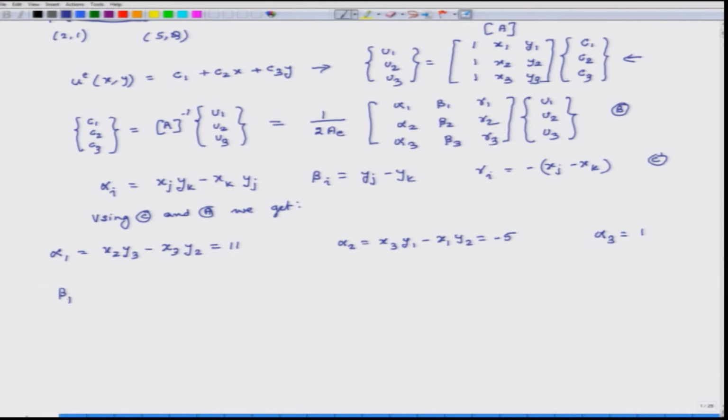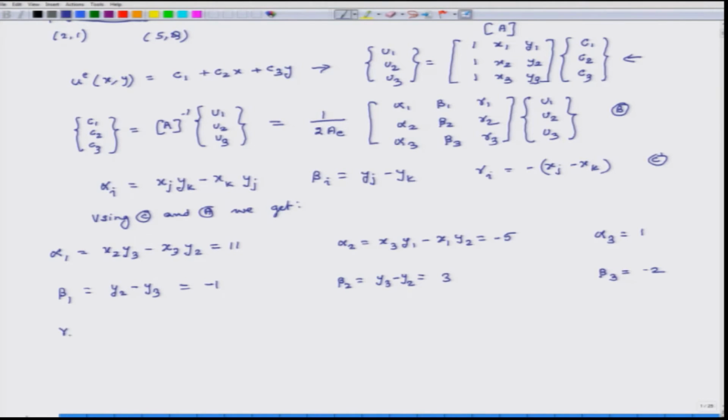Beta 1 is y2 minus y3, and that works out to be minus 1. Beta 2 is y3 minus y1, and that comes out to be 3, and similarly I can calculate beta 3 as minus 2.